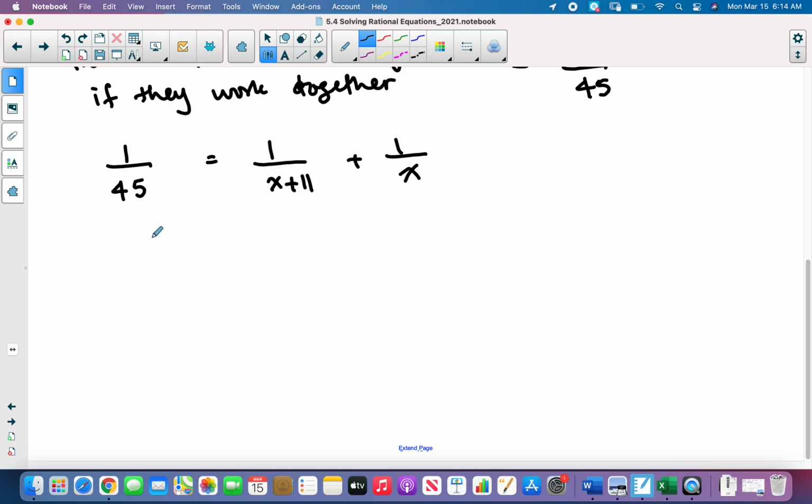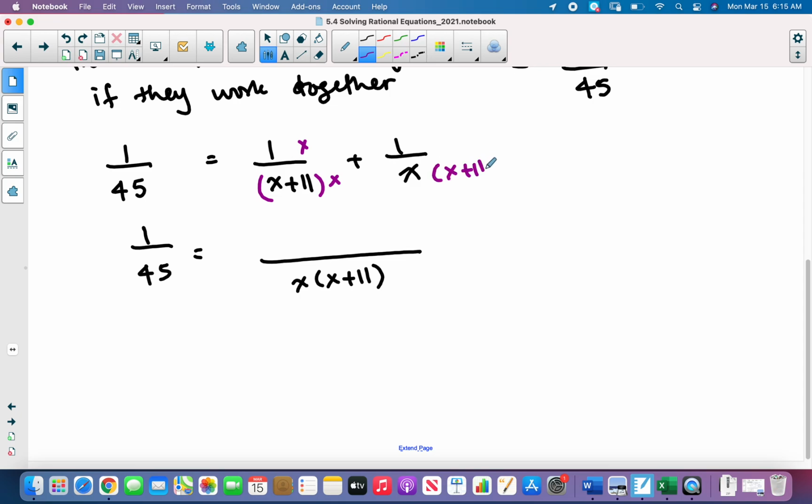For the right side, the common denominator is x times x plus 11. So this gets multiplied with an x, and this gets multiplied with x plus 11. So I have here 1 times x is 1x plus 1 times x plus 11 is 1x plus 11.